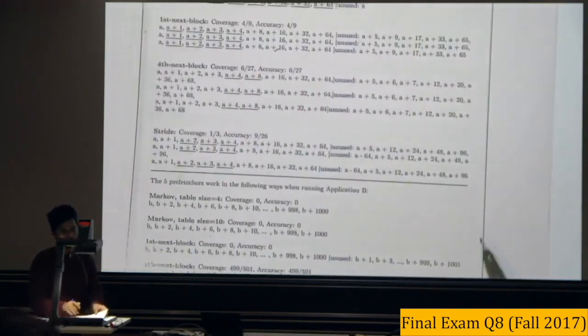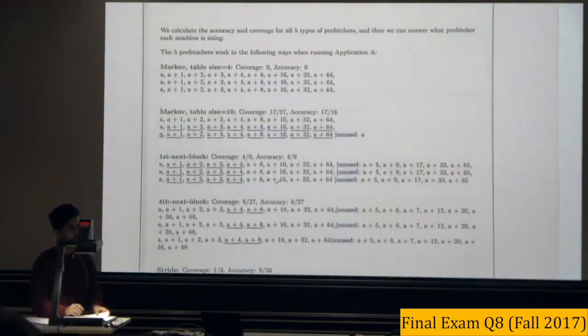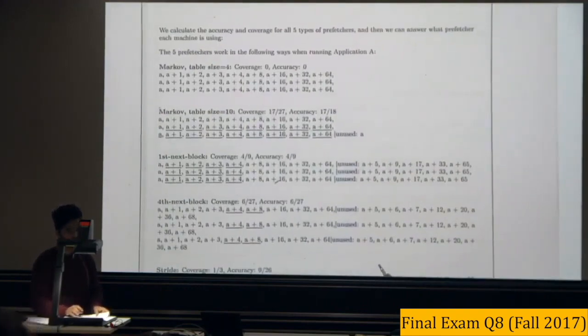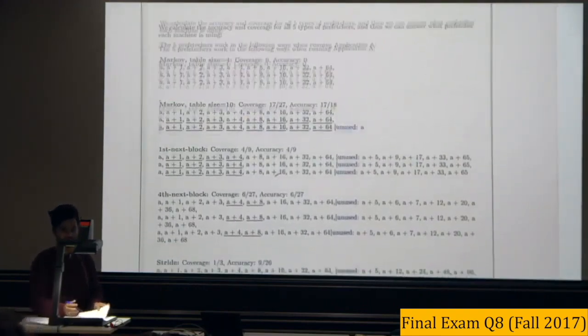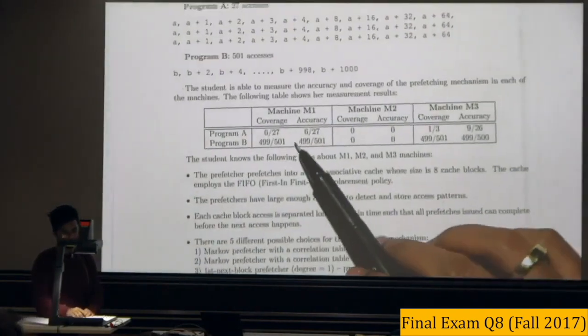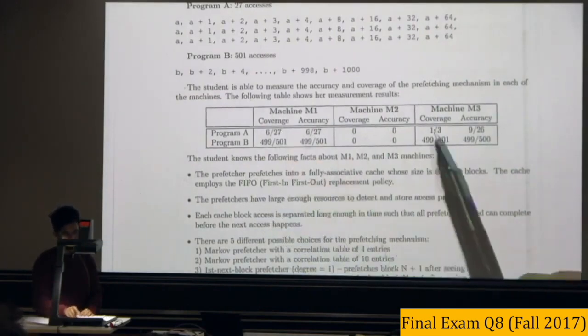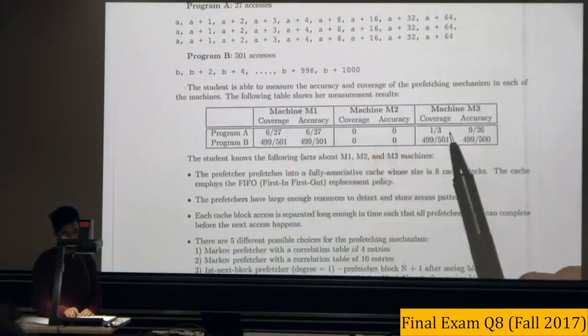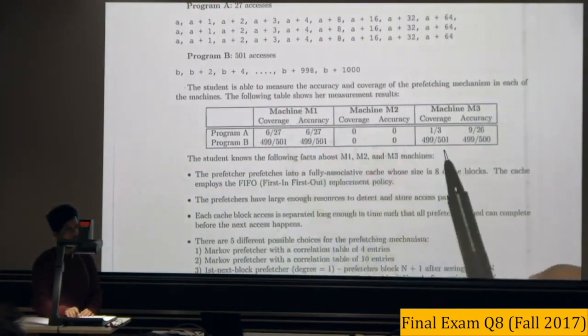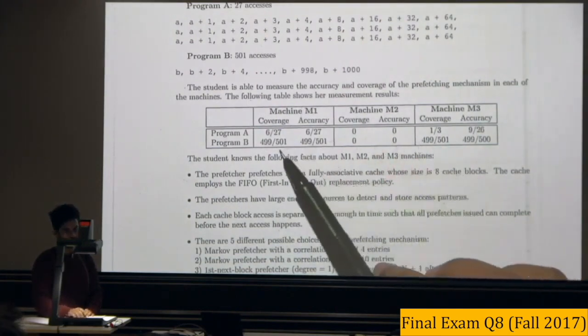So now once you have done this entire calculation, let's say an exhaustive calculation for all of these workloads and the prefetchers, you just tally up which one of them actually matches, right? So program B for machine 1 and machine 3 is almost the same thing. So you know that either it can be the next plus 4 or the stride prefetcher.